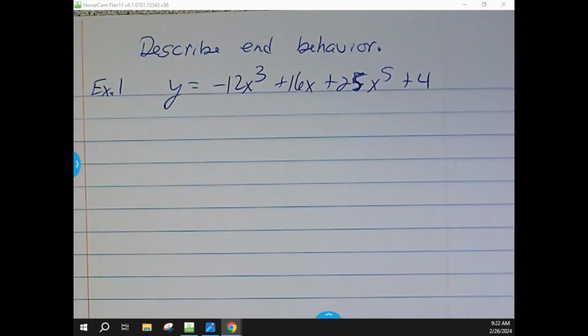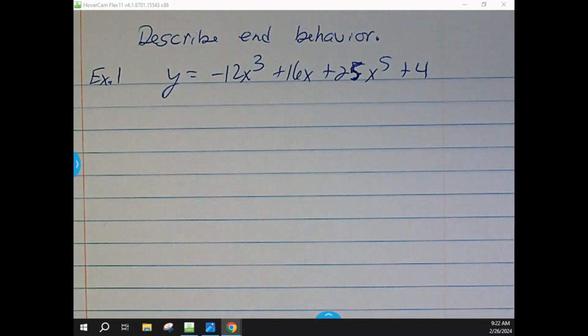When you're doing end behavior, I don't think there's anything else where it's going to ask you to write it in standard form. It's not going to ask you for the number of terms. It's pretty much just going to be a question of, okay, what is the end behavior here?